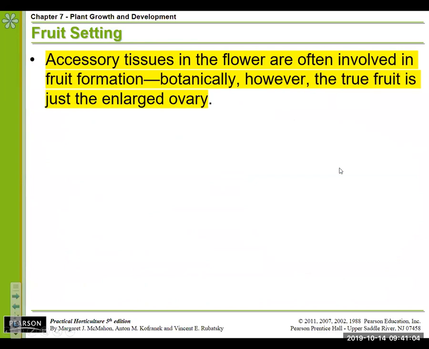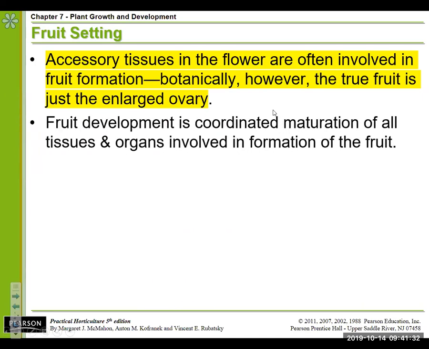We're talking about the other tissues that are sometimes involved in fruit formation. We refer to those as accessory tissues. The actual true fruit, though, is just the enlarged ovary of the plant and kind of the pulp associated with that. However, we will have some accessory tissues that are involved in the fruit's formation and often still attached to the fruit.